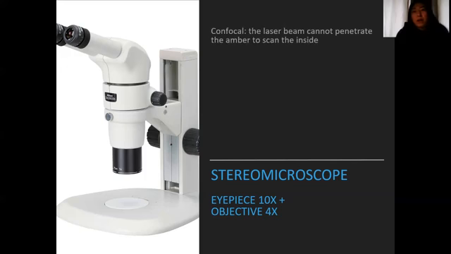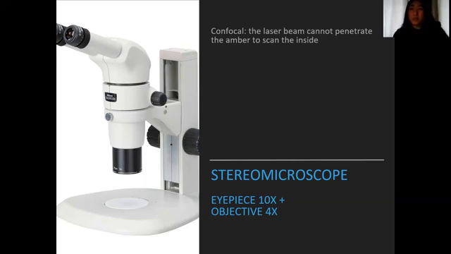The confocal microscope, well, it did sound like a good idea initially, since we really want to see the bottom of the layers, like the similar experiment we did for the cartridges. We want to see the bottom layer. The problem is the amber is not transparent enough for the laser to actually go through that thickness of the amber and then focus and scan on the part that we want.